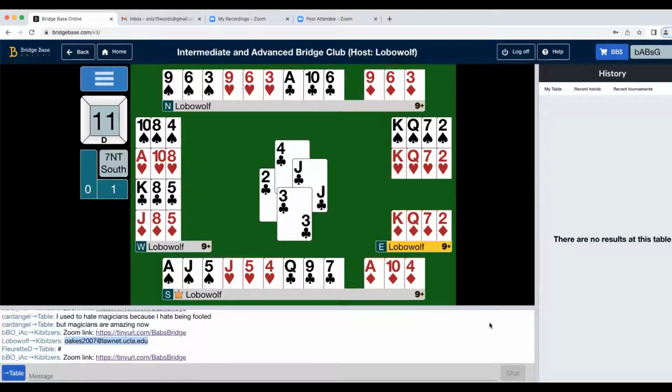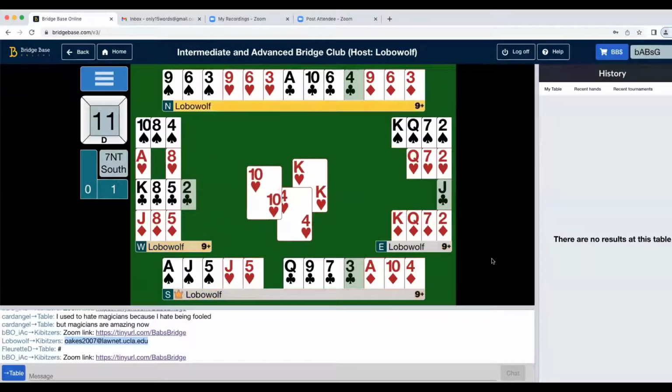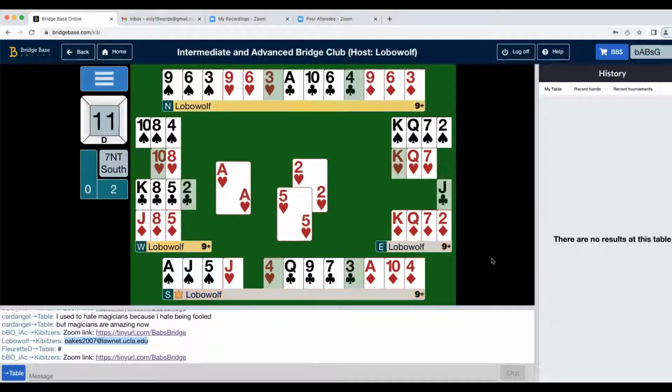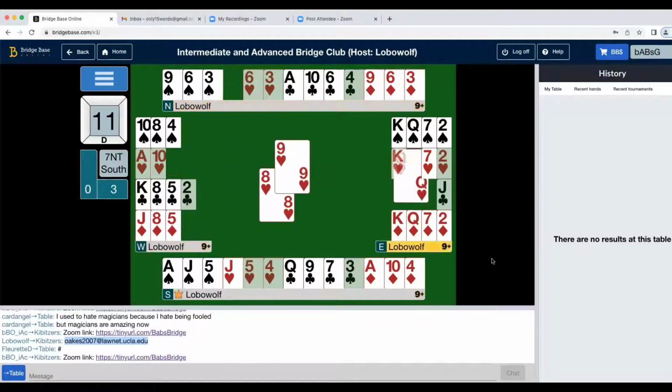If partner has the ace, let's start with the obvious one first, it doesn't matter what we do. We can either lead small to the ace and then win the king and queen, right? Or if we started with the king or queen, that would be good enough too. When everybody's got 3 cards in the suit and you have the ace, king, queen, it doesn't really matter what card you play, right?